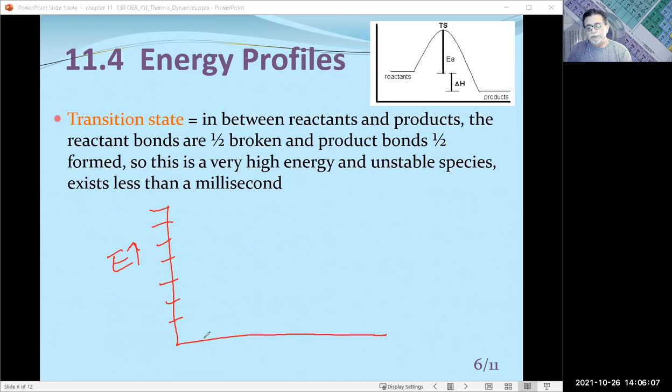If we follow a reaction over a given time period, we can depict that reaction at a given point, and it would have a given amount of energy. Collecting data points over a given time period, we can make a graph that would look like something like this. We have a hill, and then it'll come down.